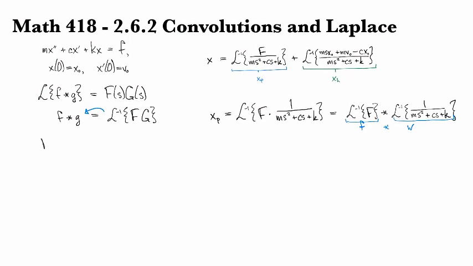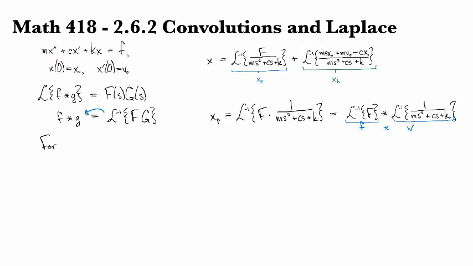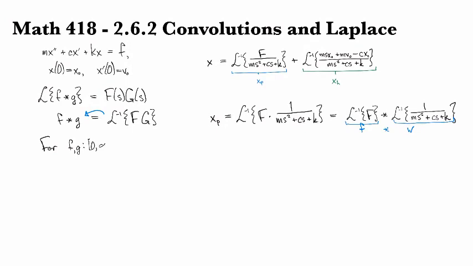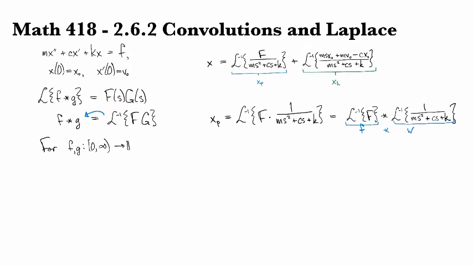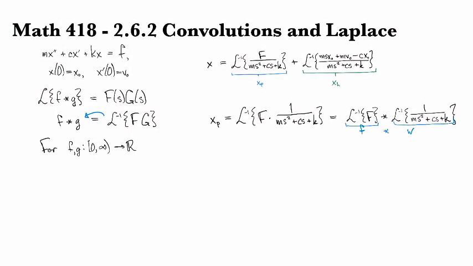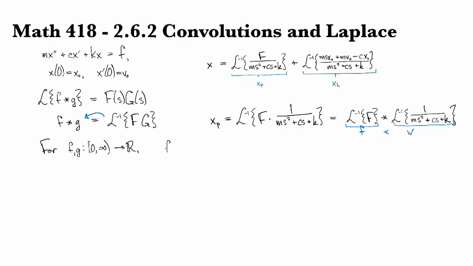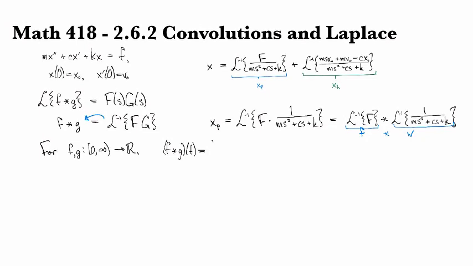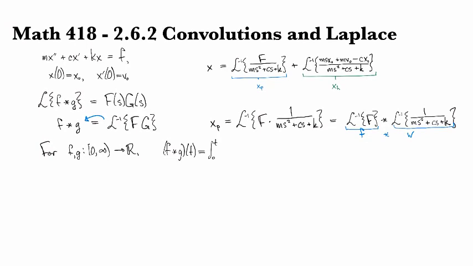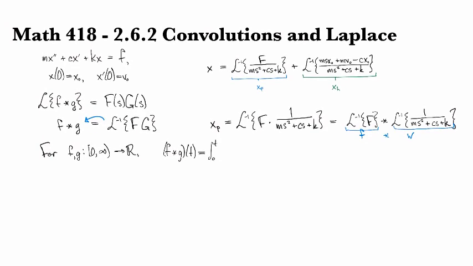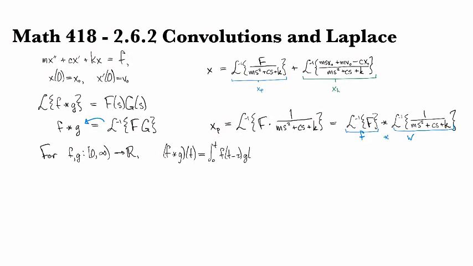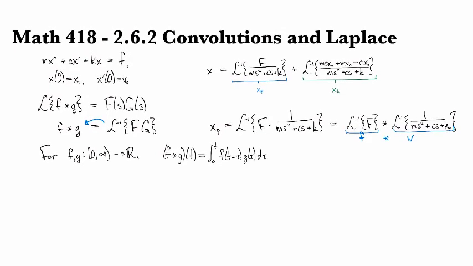Here the convolution, so this is for when you've got functions on the positive half line, takes the form integral from 0 to t of f of t minus tau times g of tau d tau.